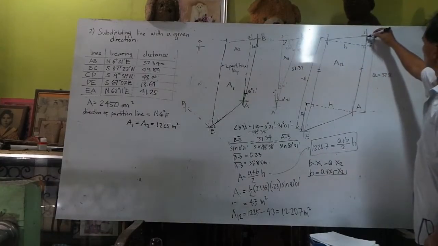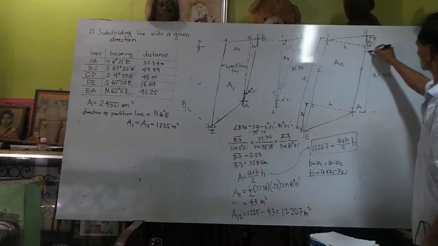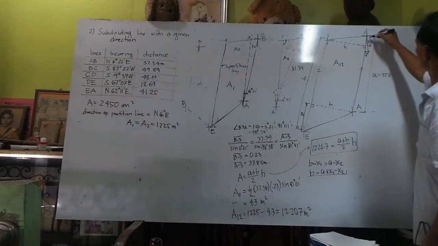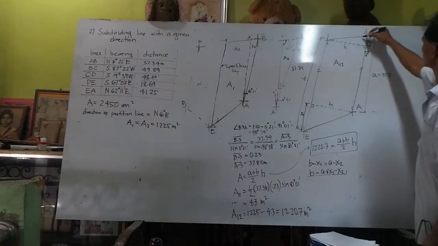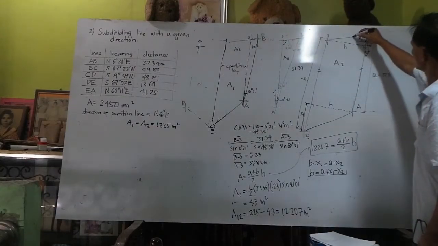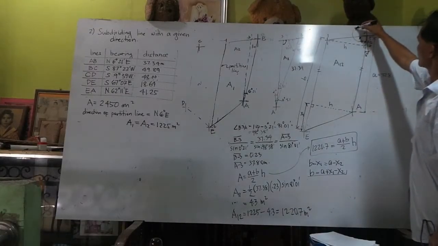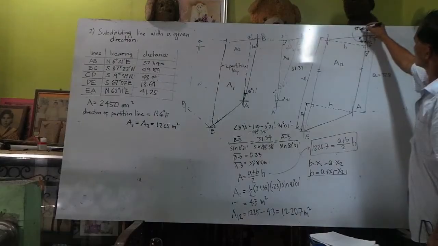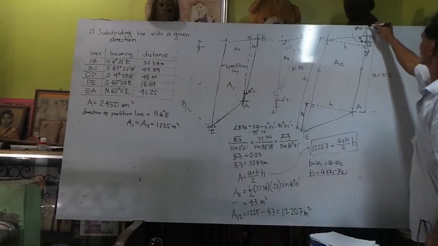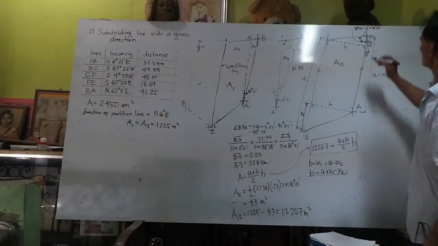Then this one now is 6 degrees, because these are parallel lines. So this is 6 degrees. This is 87 also. So meaning, this angle is just equal to 87 degrees 22 minutes minus 6 degrees. So it is 81 degrees and 22 minutes.